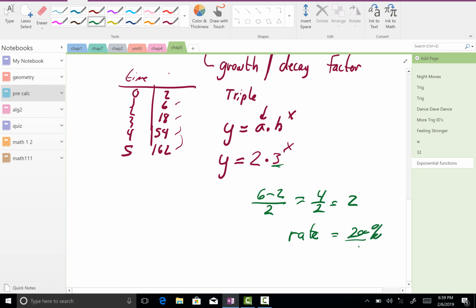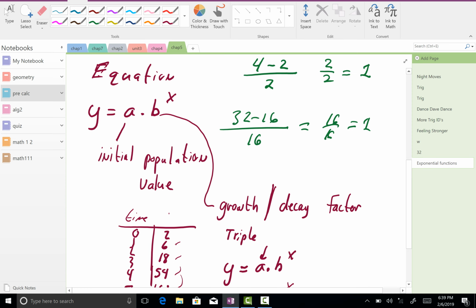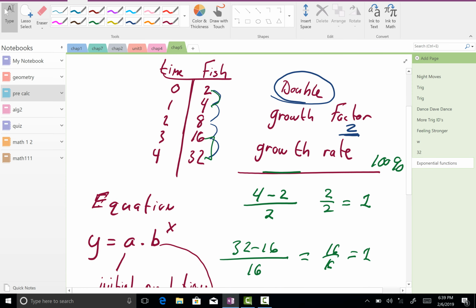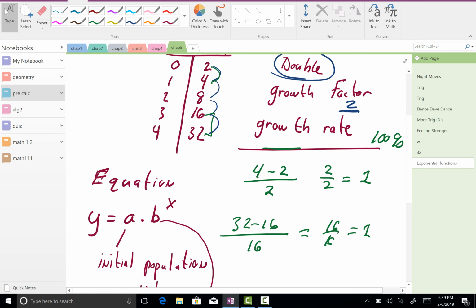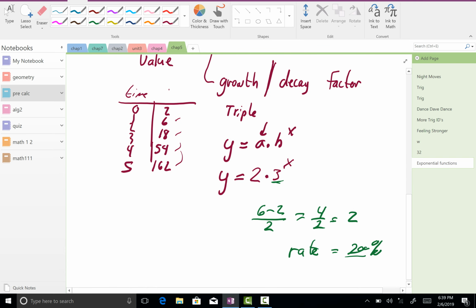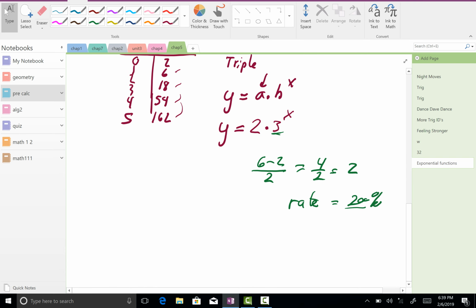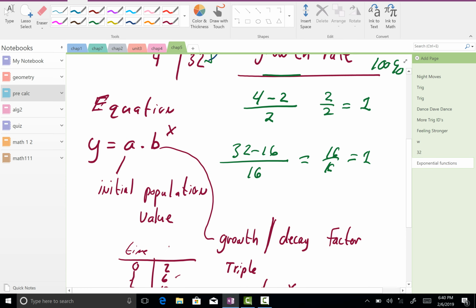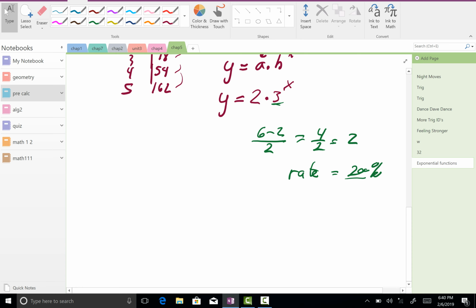And on the first one, the growth factor was 2, and the growth rate was 1. So what's the relationship there? For 3 it was 2, and for 2 it was 1. So what's the relationship between the growth rate and the growth factor?